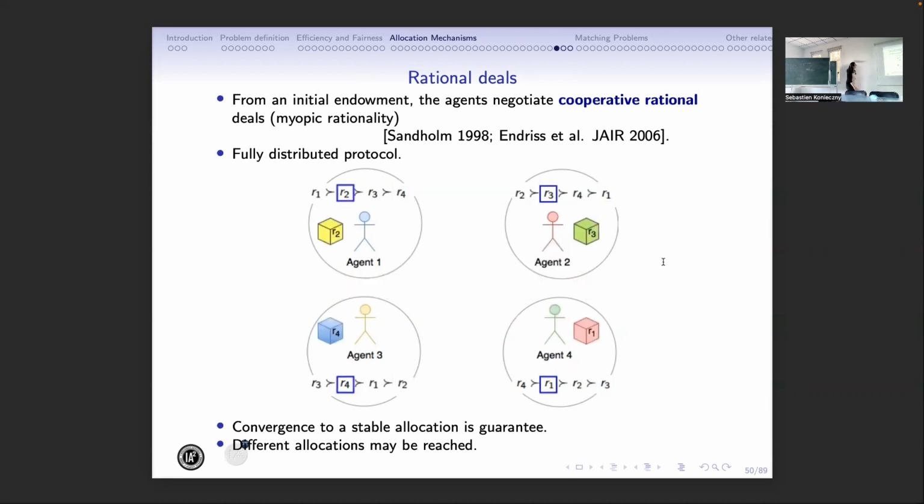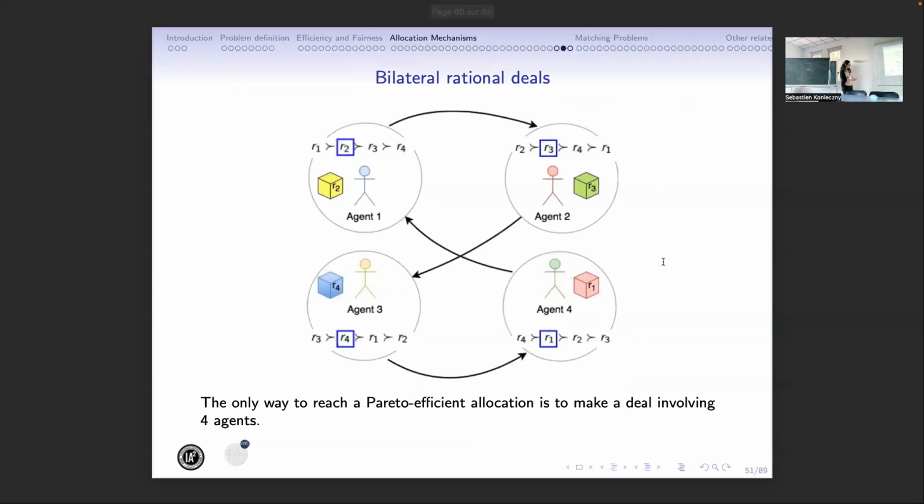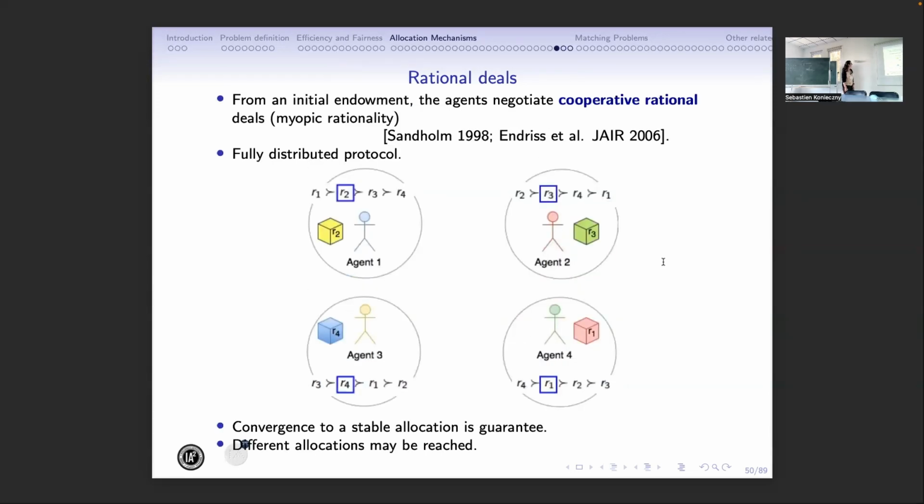And from this allocation, we don't have any more possible rational deals involving two agents.